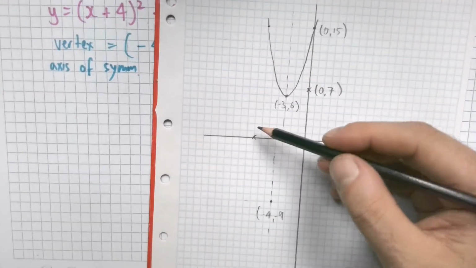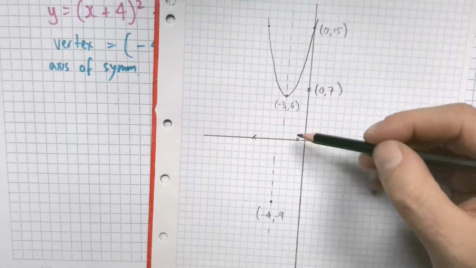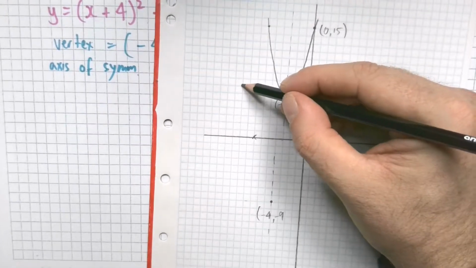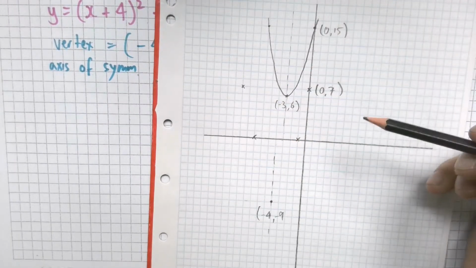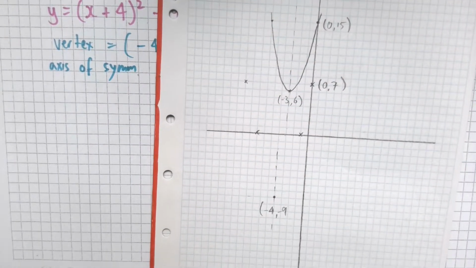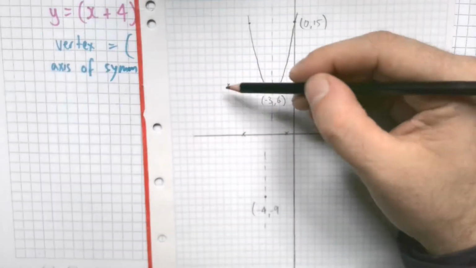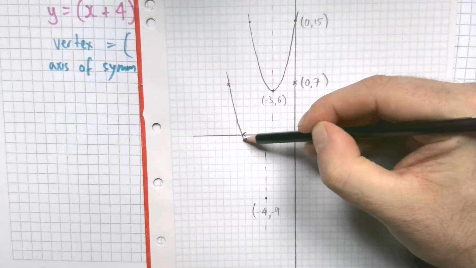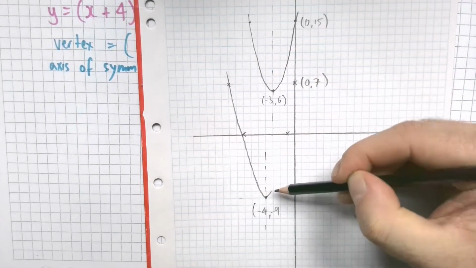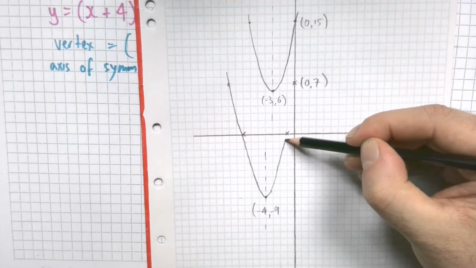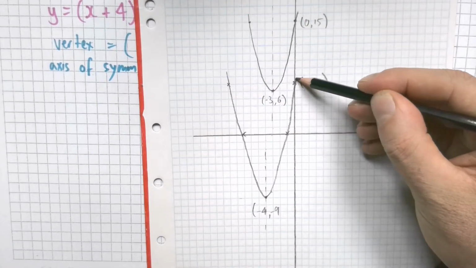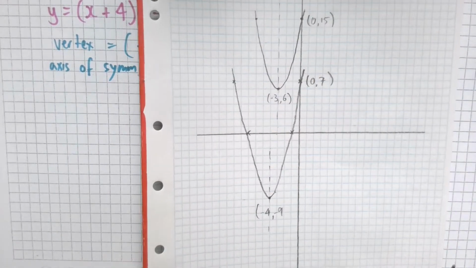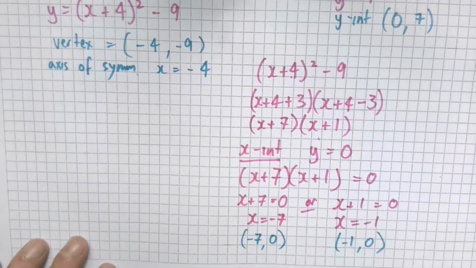Okay, and again, I've got enough points now to actually plot. I can actually put a fifth point in there, understanding that parabolas are nice and symmetrical. Go ahead and plot that and sketch my parabola as accurately as I can on here. Like so.